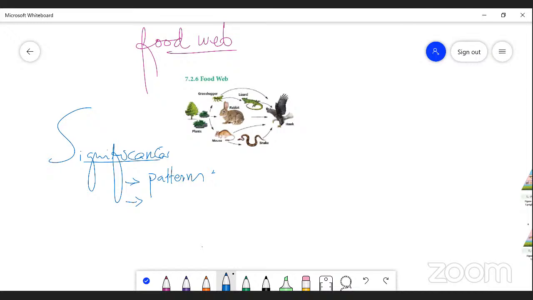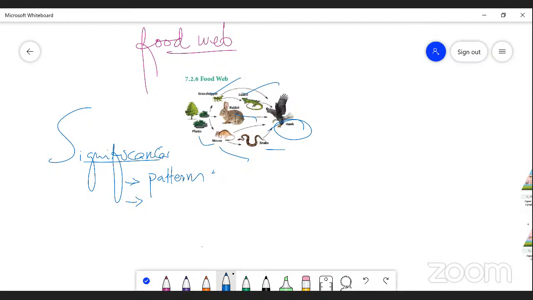I repeat once again, here plant is there, and grasshopper is there, and lizard is there, and rabbit is in the second trophic level, and mouse is also found in second trophic level T2, and snake is found in T3, and finally the top carnivore. So this diagram explains very clearly that there are direct relations and indirect relations between different patterns of organisms, right? This is the second point.